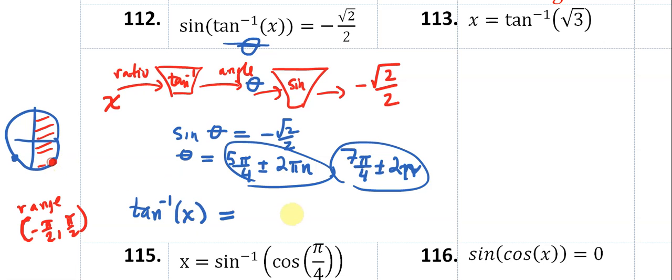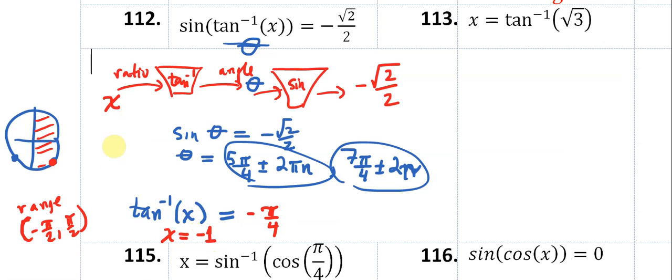The angle we're talking about here is negative pi over 4. There's only one number we could feed into the tan inverse function that will produce negative pi over 4, and that number is, excuse me, negative 1.